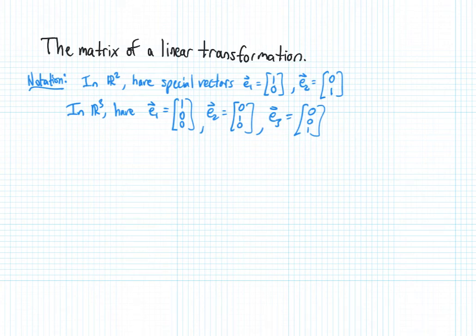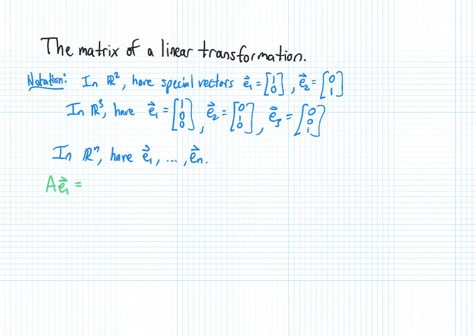And so it's really important that we have the context established, that we know we're talking about two-dimensional vectors versus three-dimensional vectors or so on. And so more generally, in Rn, you'll have n special vectors, E1 to En, where each of these vectors has a 1 in one entry and zeros everywhere else.